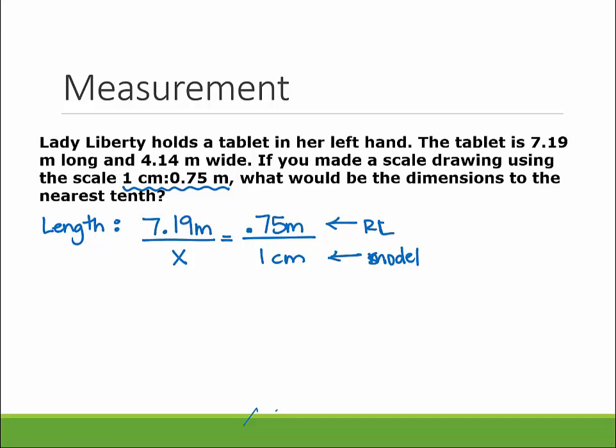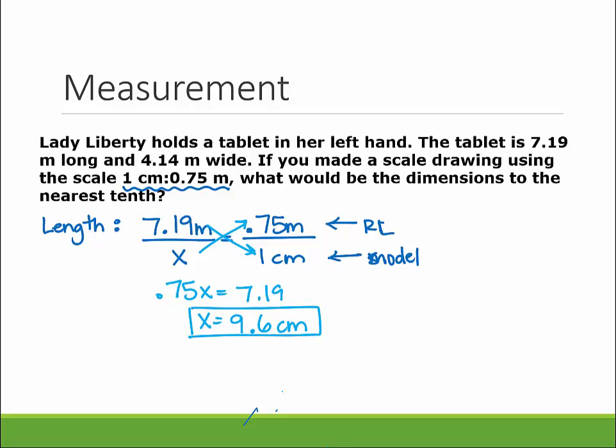So then we find our cross products. So we get 0.75x equals 7.19. So x has to be about 9.6 centimeters. Remember, that's just the length.